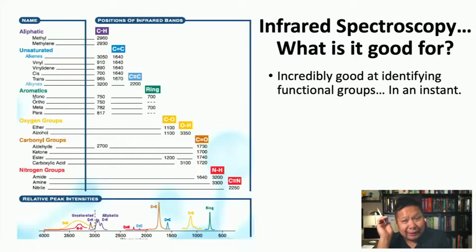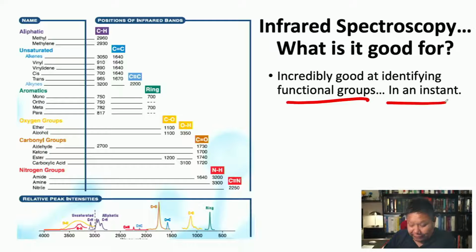What is it good for? It turns out that it is incredibly good at identifying functional groups, literally in an instant. You put the sample in there, it shoots the IR light in, does a scan, and you've got it. Thermo Fisher has this cool little handout that shows you what each band or peak corresponds to on the IR spectrum.